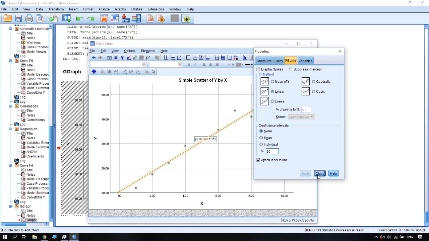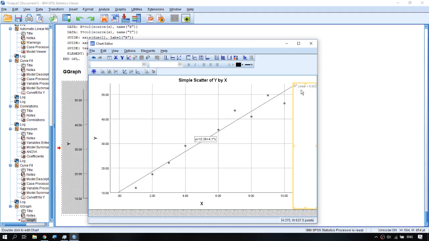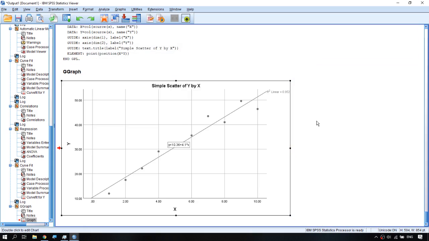So you can just click Close, and here's the result. Now you see the r squared value in the upper right-hand corner, which is again the same value, 0.952. And the equation of the line is displayed in the middle of the graph. So that is the third way you get the regression plot. But this time, SPSS doesn't give you any p-value information.